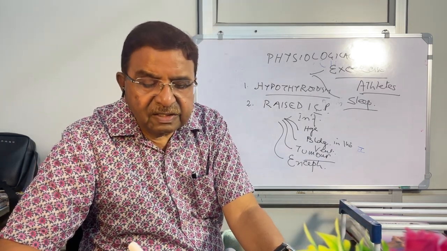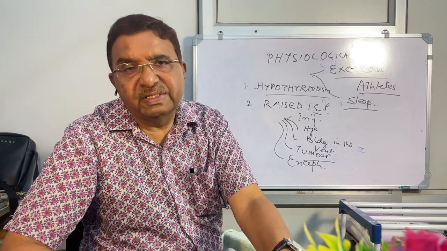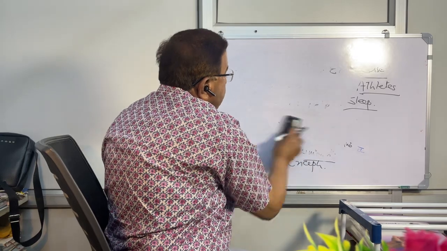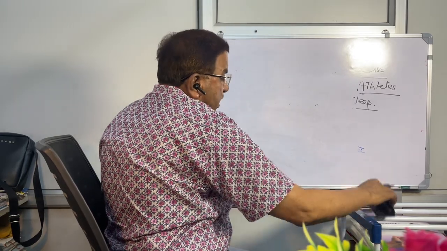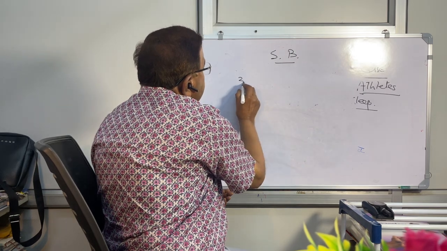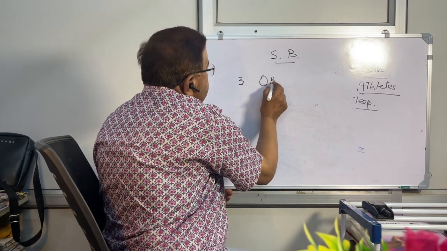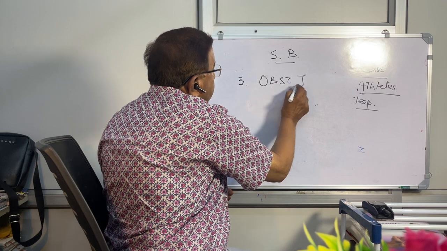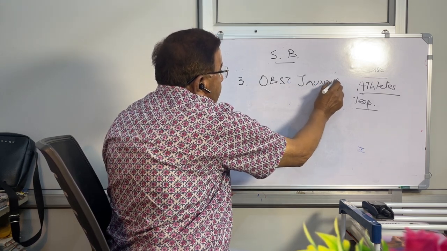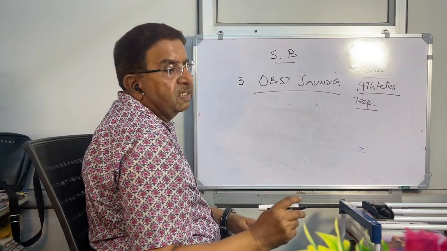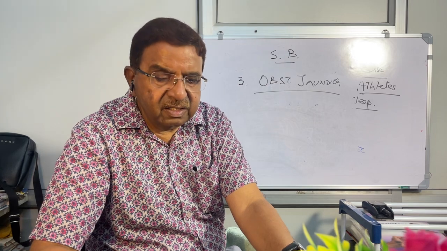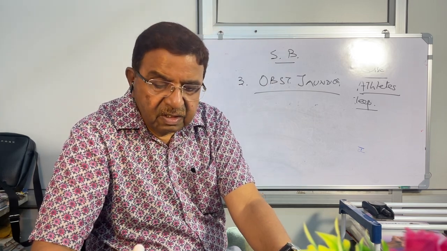Third cause of pathological bradycardia is obstructive jaundice, as may occur in viral hepatitis, alcoholic hepatitis, portal hypertension, etc. So many causes.